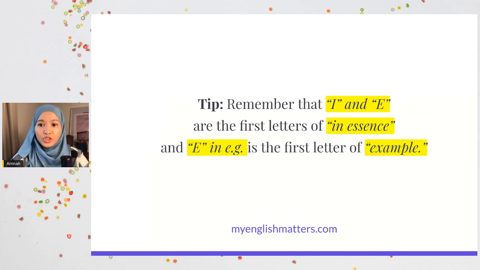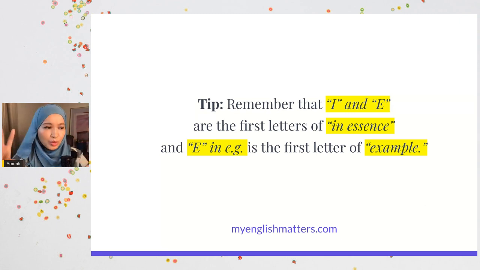Now, a tip for you to remember: I and E are the first letters of in essence, and E in EG is the first letter of example. So that will help you to remember the difference between IE and EG. And remember, IE and EG, you do not use them interchangeably.